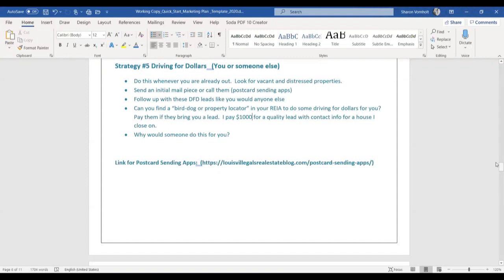Take a picture of the house while you're in front of the house and use one of the postcard sending apps. And this is a very personalized mail piece that people like getting. They know that you've been to the house because it's their house. So they know that you are seriously talking to them about their house. And follow up with these leads just like you would any other lead.